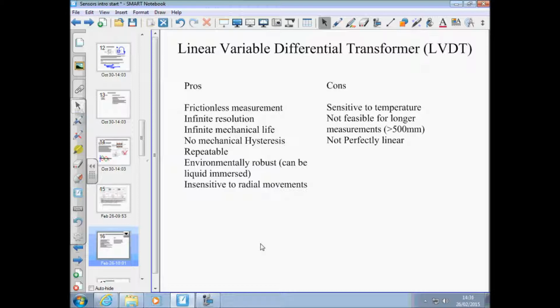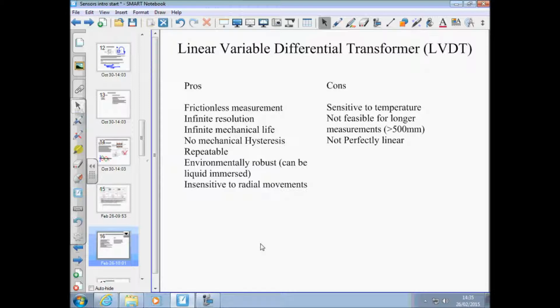It's not a stepped measurement. It's got an infinite mechanical life because there is no friction. There isn't any mechanical hysteresis involved that you would get with a switch. So it will measure the same if it's travelling from either direction, really, is what that means, Danny.